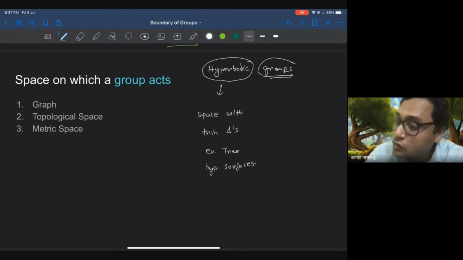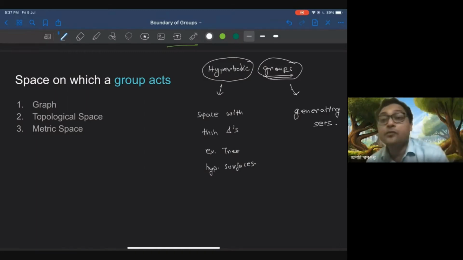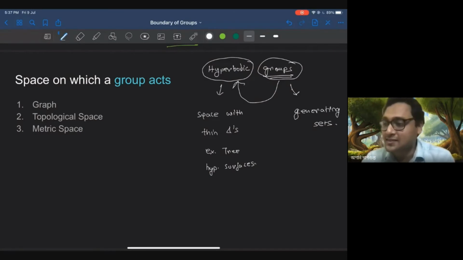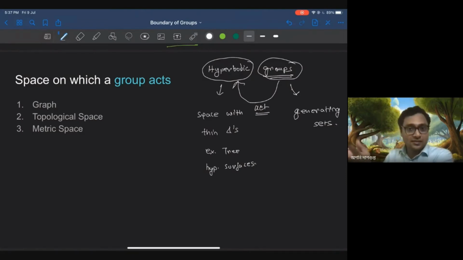And then we also talked about groups and their generating sets. And we know the basic game that we are playing. We will make these groups act on certain spaces, and by virtue of that action, we want to get some algebraic property of the groups.